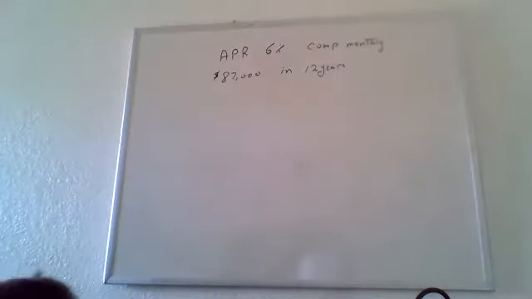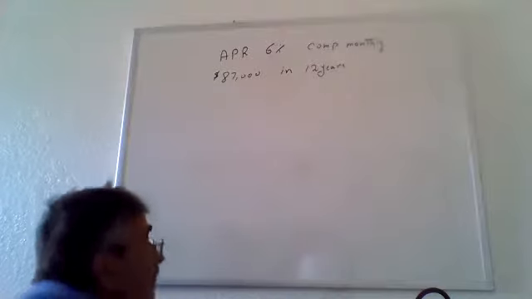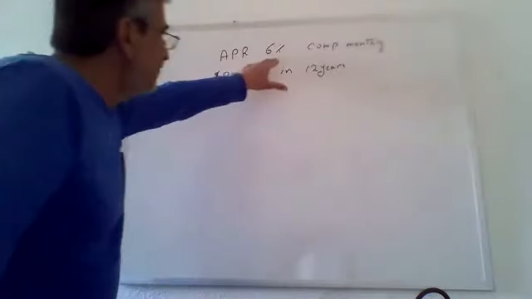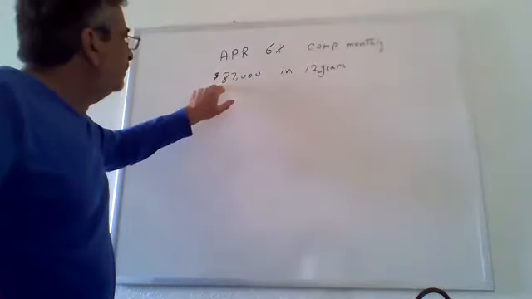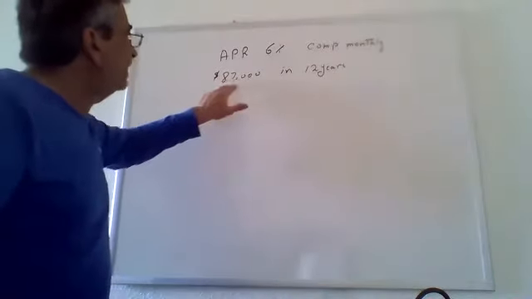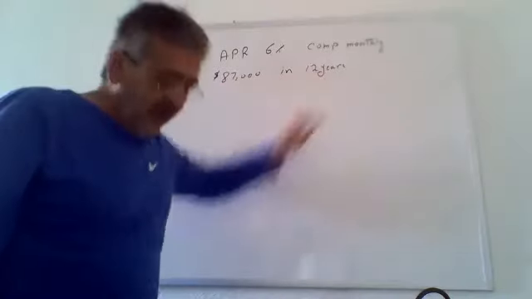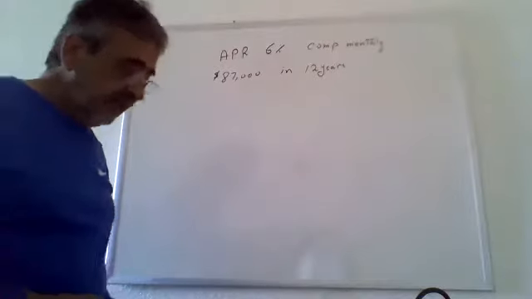We need to know how much we need to deposit every month at 6% compounded monthly to achieve an amount of $87,000 in 12 years. So this is a simple problem.